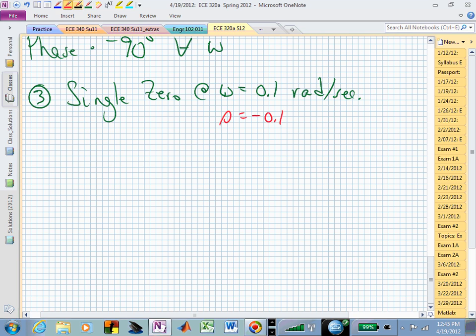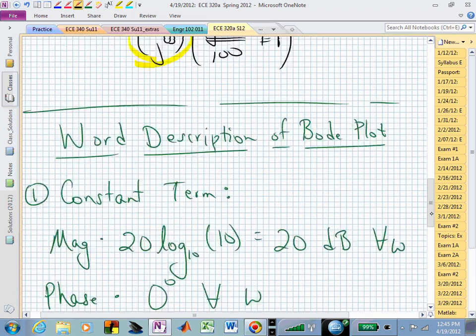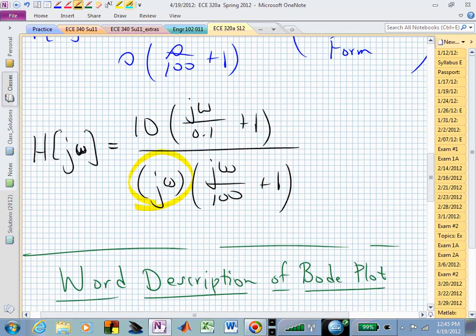If we want to sketch its magnitude, what do we know about it? This is now a linear factor with a constant, and because of that constant plus 1, this one will break.